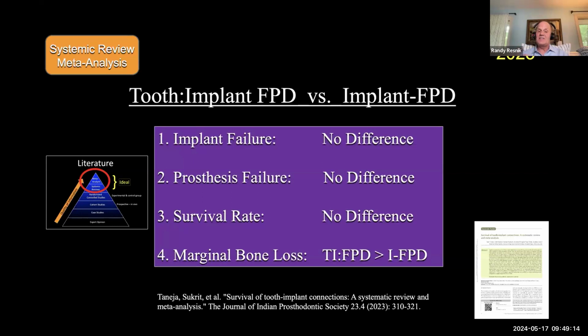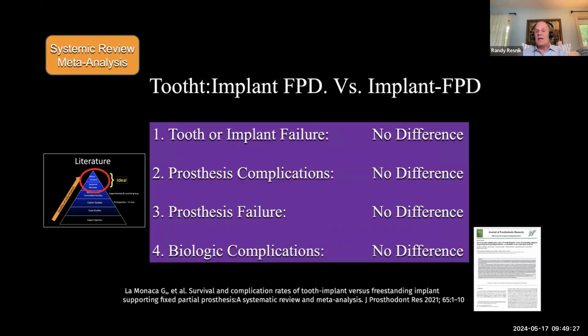However, this meta-analysis did find that when you do connect an implant to a tooth, that does have greater marginal bone loss than an implant-independent prosthesis. The second looked at tooth and implant failure, no difference. Prosthesis complications, no difference. Prosthesis failure, no difference. And biologic complications, biologic being defined as basically peri-implant disease. So that really didn't show any difference in that.